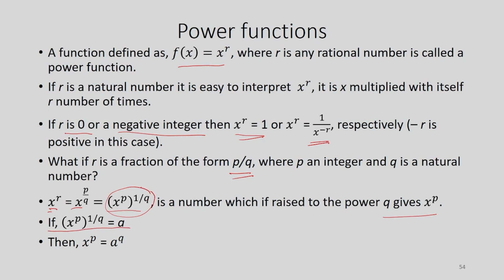So, x to the power p whole thing to the power 1 divided by q is equal to a, and then I raise both sides to the power q, then I get x to the power p, and that should be equal to a to the power q. And this is what I meant: if I raise a to the power q, then I should get x to the power p.